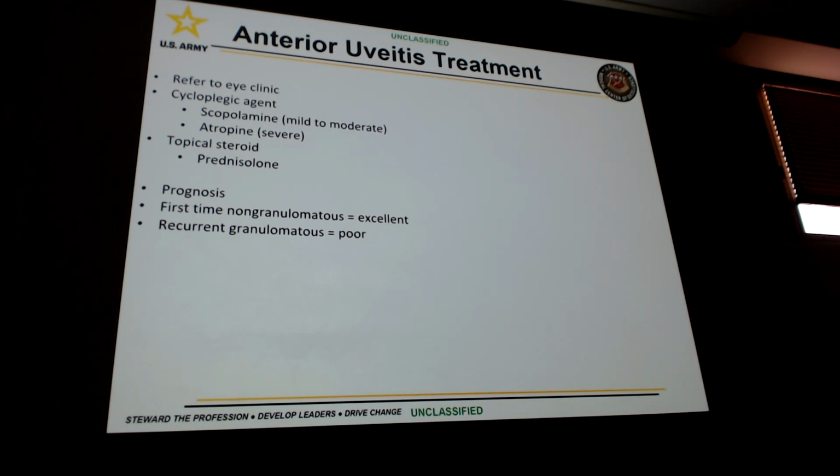We're going to prescribe topical steroids, some strong ones that can penetrate through the cornea into the anterior chamber to calm that down. And again, there's the dilation. The cycloplegic agent, that's called a dilating drop. Cycloplegia is dilation.